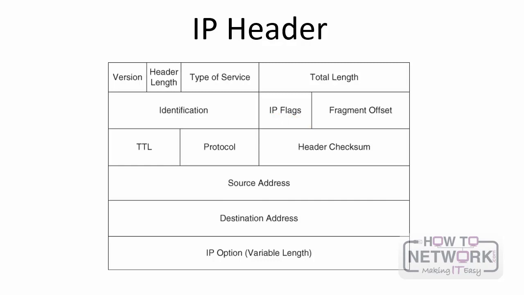should not be fragmented. Then there's the time to live field. This is an 8-bit field that is decremented by 1 each time a packet is routed from one IP network to another. If TTL ever reaches 0, the packet is discarded. The protocol field, which is an 8-bit field, specifies what type of data is encapsulated in the packet.